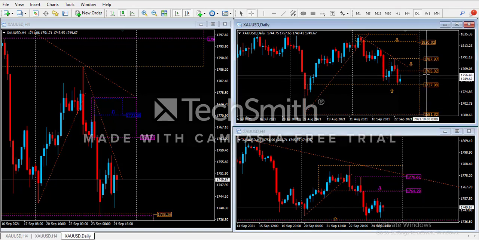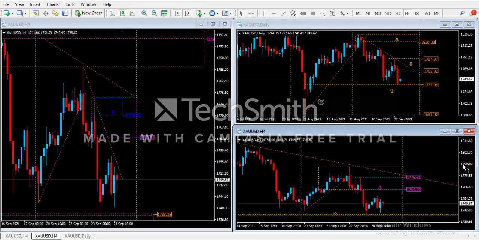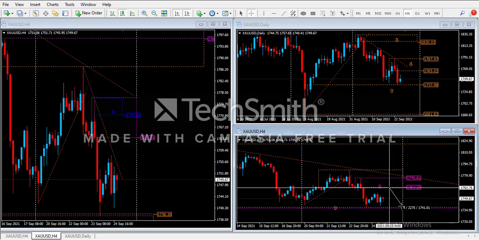so I'm sorry, 1765, 1786, from where it's still expected to develop a deeper downward movement, a downward trend in the lower time frame on the 4-hour chart.